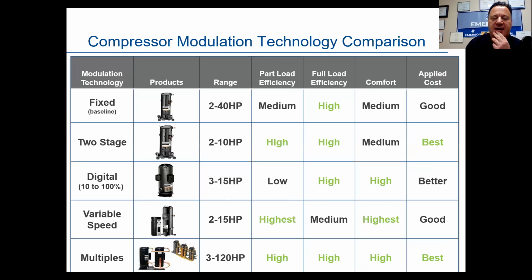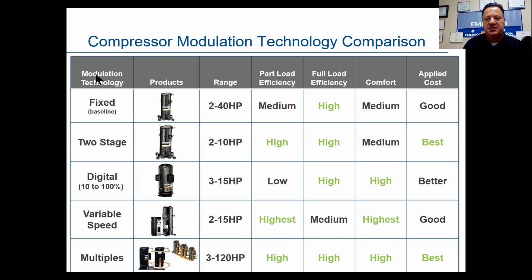Now, this is just a snapshot of the compressor modulation technology comparisons. I'm not going to spend a lot of time on this because this is more salesy marketing. I do show this in class, but it's just really to give technicians an idea if they're quoting equipment, what that might look like to them. All right. So we have our fixed scroll. We talked about that a little while ago, just basically the anatomy pieces of it.